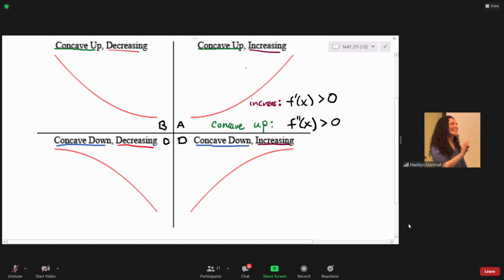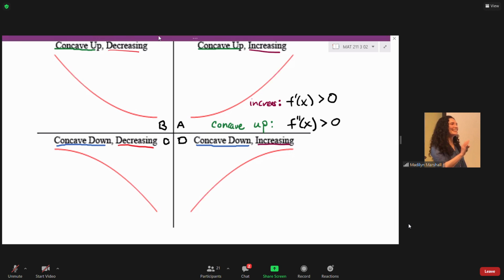So that one, concave up and increasing, has both the first derivative and the second derivative positive. Okay, so that one looks good. I'm going to put up a poll about the second one now to see how that goes.